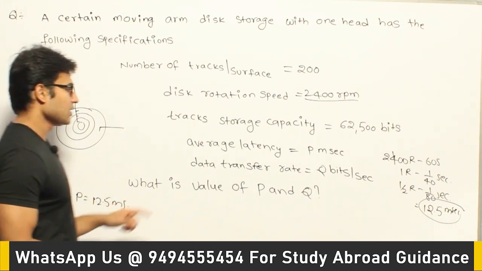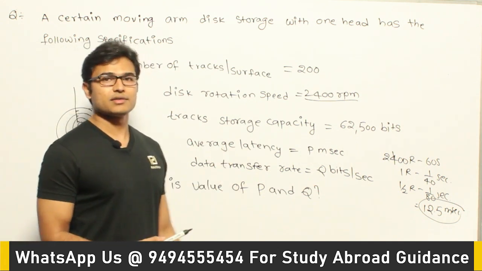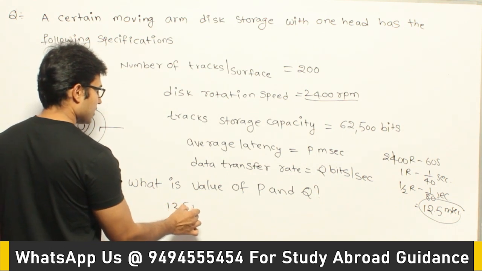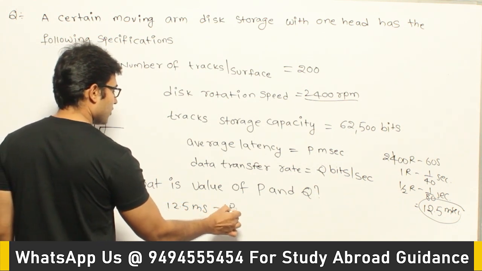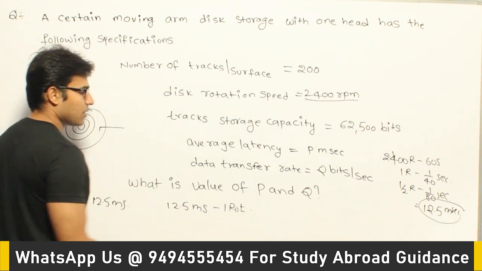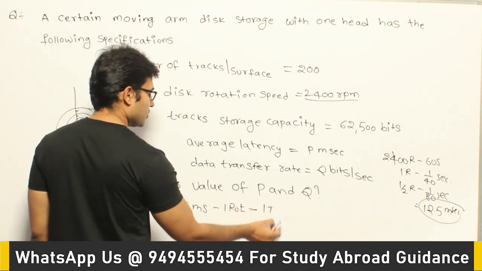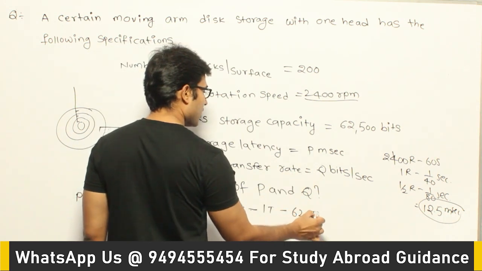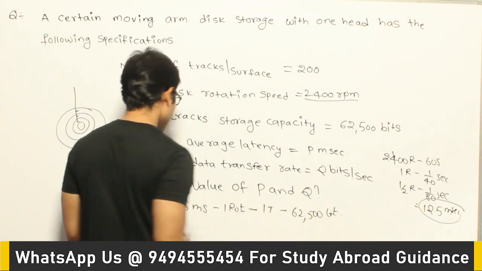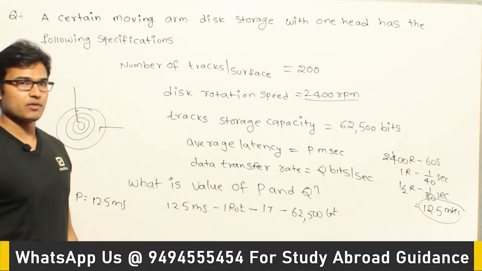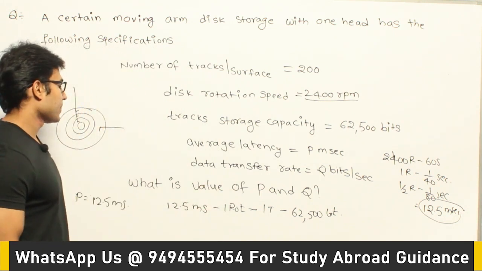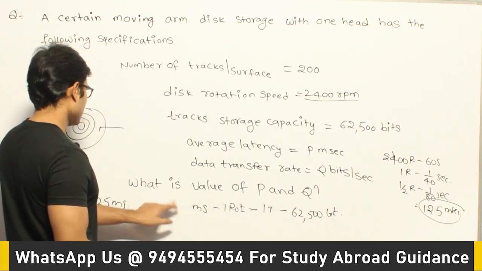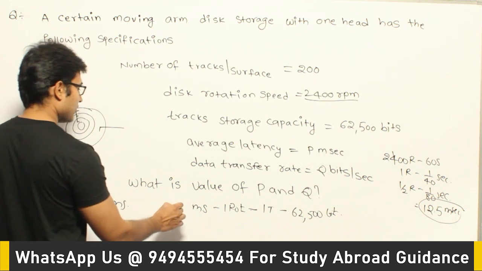Now the second one is, what is the data rate? In 12.5 milliseconds we are able to complete half a rotation, so this is half the time, right? For a full rotation it is going to be 25 milliseconds.